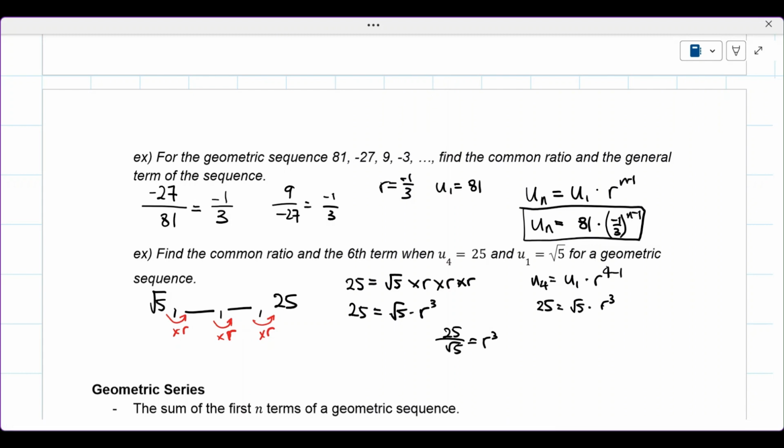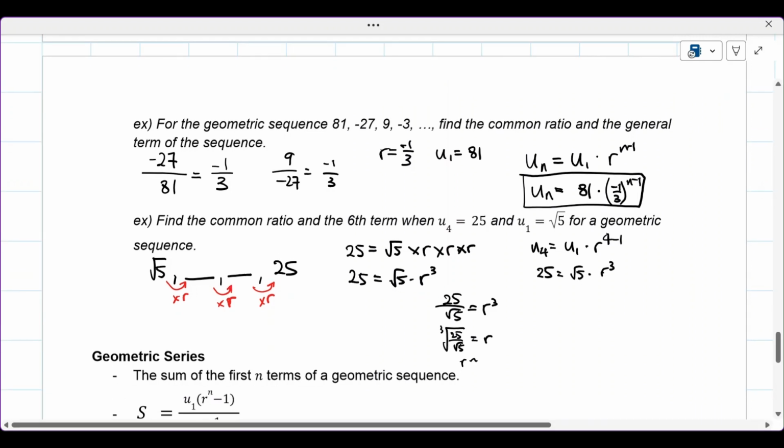Now let's do the cube root on both sides. I'll use the calculator for that. Cube root of 25 divided by square root of 5 is approximately equal to 2.24. Now, here's a little hint.